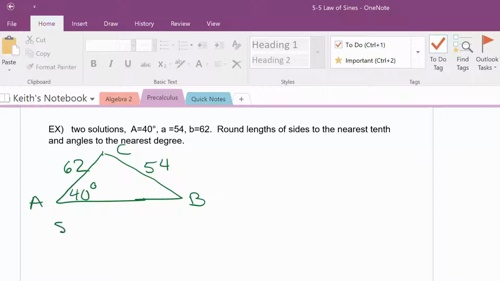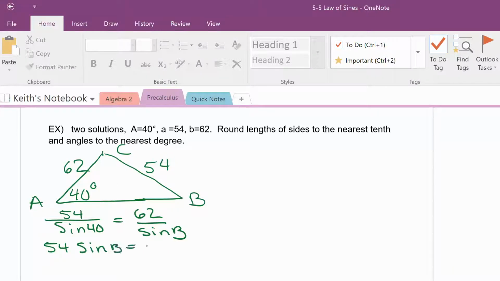So we go 54 over sine 40 is equal to 62 over sine B. We cross multiply, so 54 sine B equals 62 sine 40. And then we divide by 54.